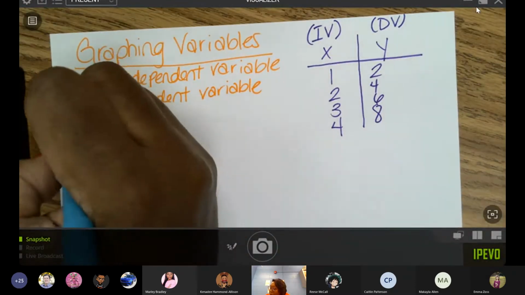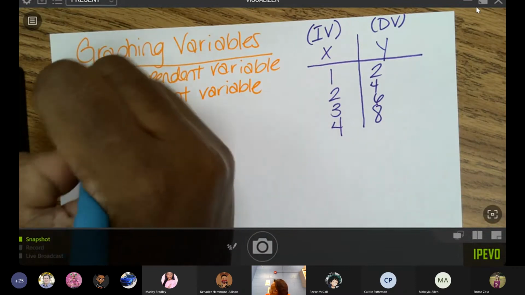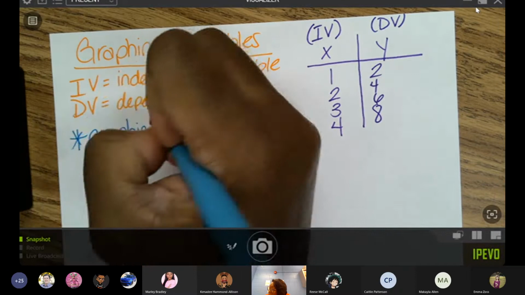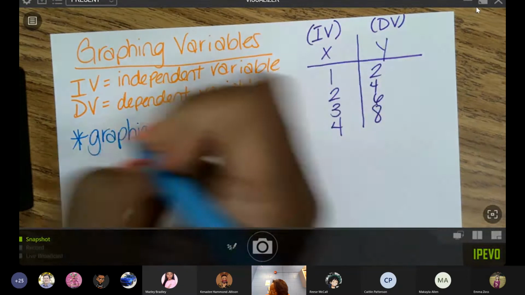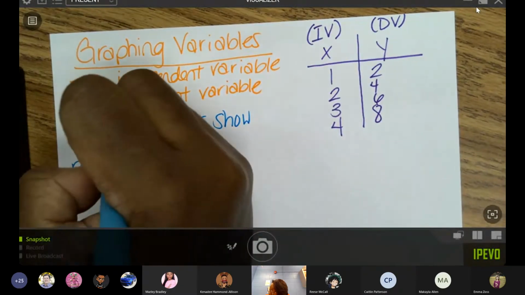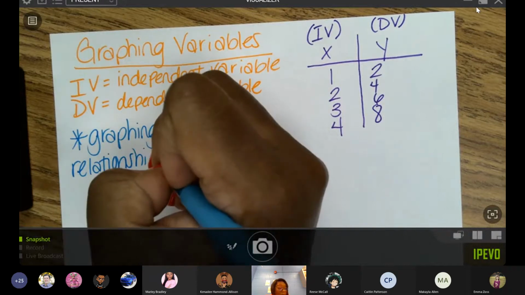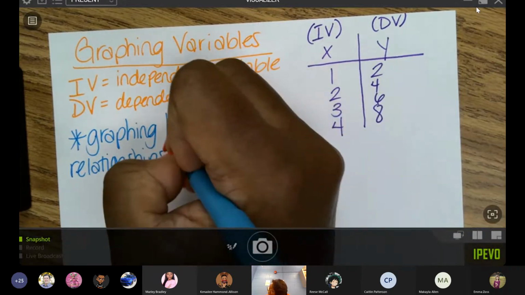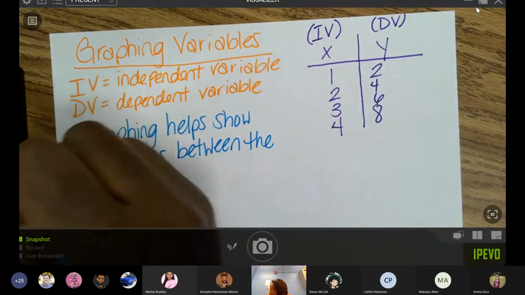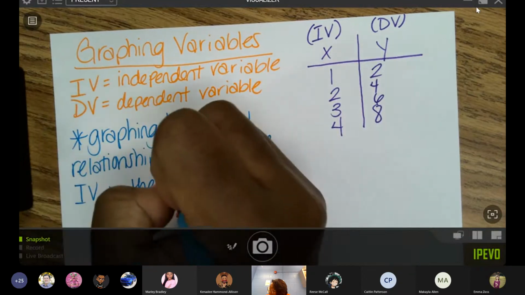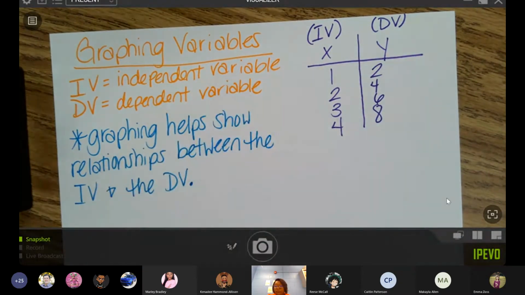So, star statement in our notes, graphing helps us to show relationships between the independent variable and the dependent variable. Take some time to finish writing that down.